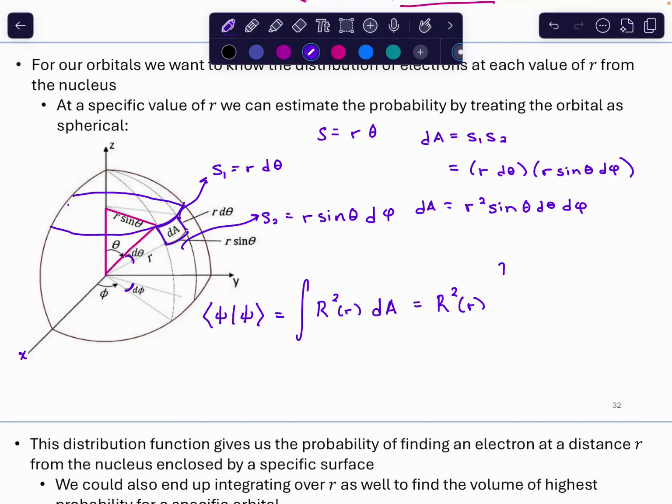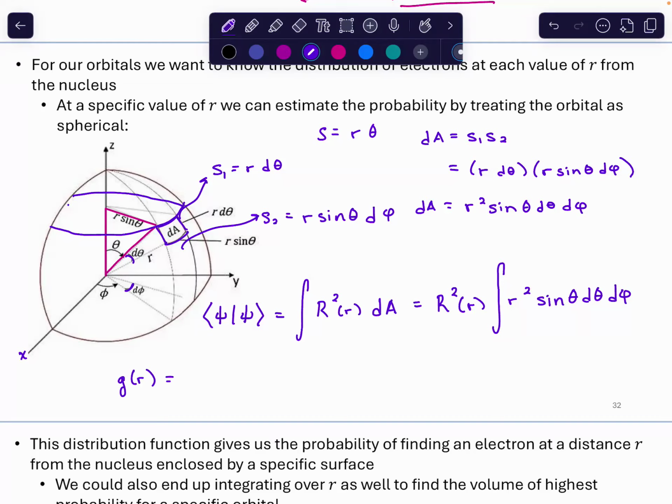Then we have our dA, and we're going to replace it with r squared sine of theta d theta d phi. Now we're going to go to our radial distribution function. A very classical way to represent this is you have your G. Now we're not integrating over r.